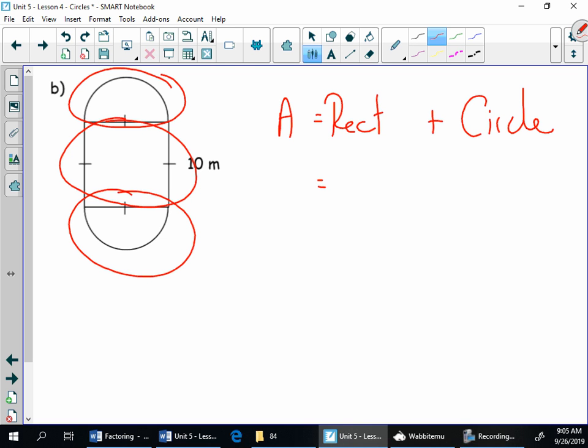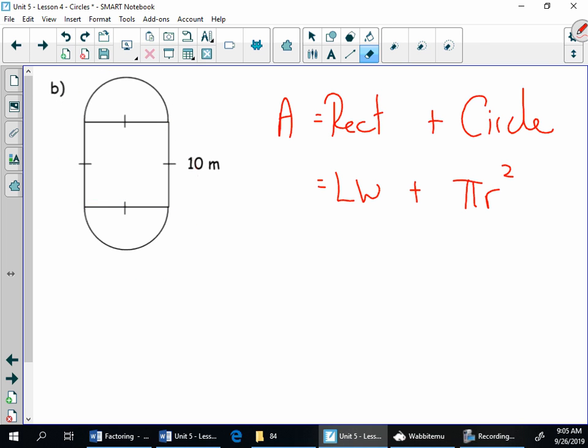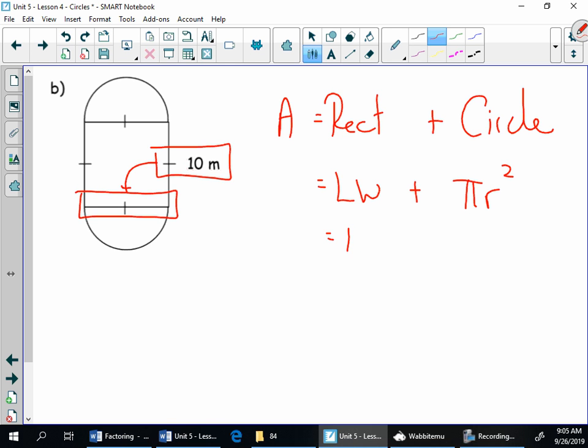So what do we need? Rectangles, length times width. A whole circle is just pi r squared. Let's go find the length and width of this rectangle. It's definitely 10 wide. And well, it's actually the same, right? There's that dash. It's 10 long. Plus pi. What's our radius? Our radius would be from the center out. Well, we know the whole thing is 10.